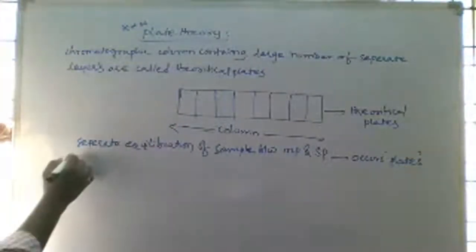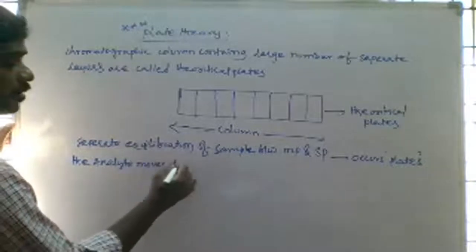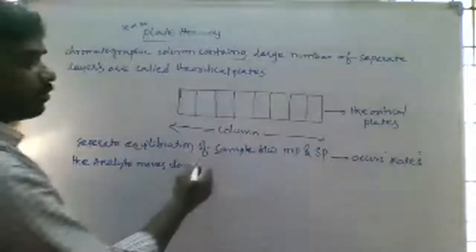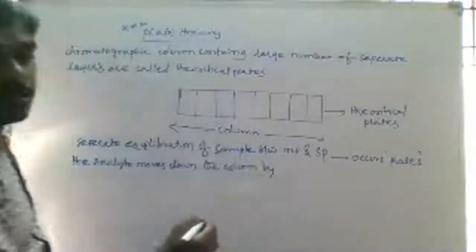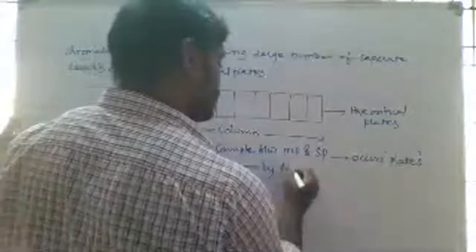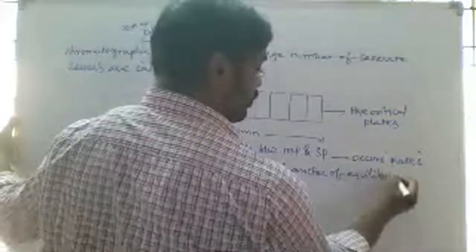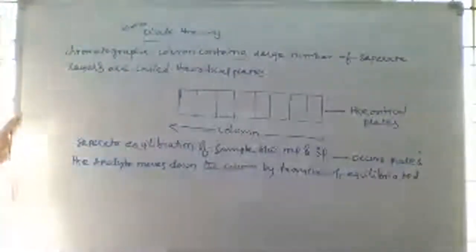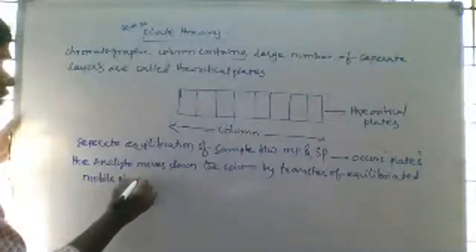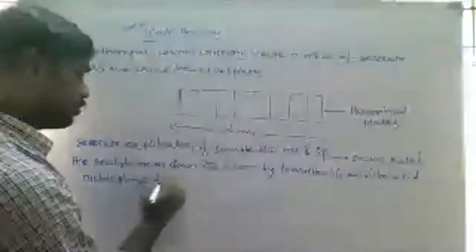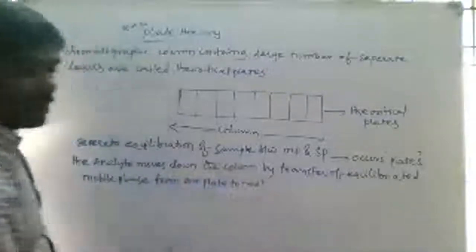So in this case, the analyte moves down the column by transfer of equilibrated mobile phase from one plate to the next.